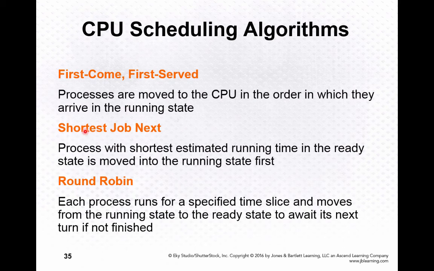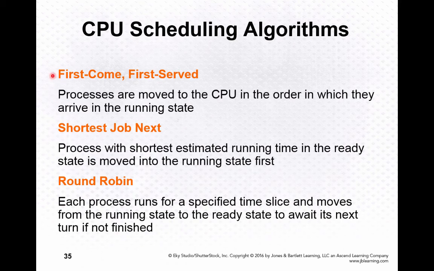Another idea is instead of considering which order they came, you could always try to process the shortest job next. That makes sure that something finishes as quickly as possible. And it turns out that the shortest job next is optimal if you want to minimize the turnaround time.